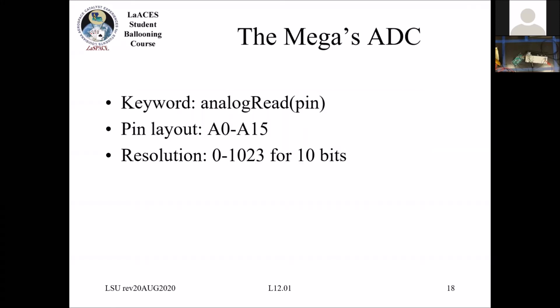So you may recall that we talked about the Arduino having ADC pins, specific pins, and those pins are labeled A0 through A15. So there are 16 of them. And the way that you read that value, you initiate that ADC conversion, is through this command in the programming software, the IDE: analogRead.